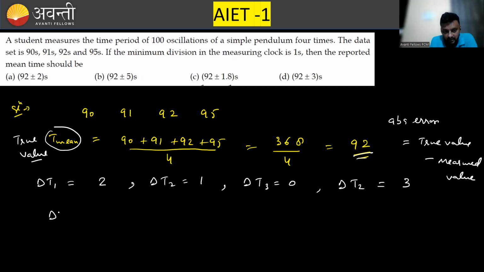So mean absolute error, delta T mean, will be the sum of these errors, 2 plus 1 plus 3, 0, divided by 4. So that means 3 to 6, by 4.